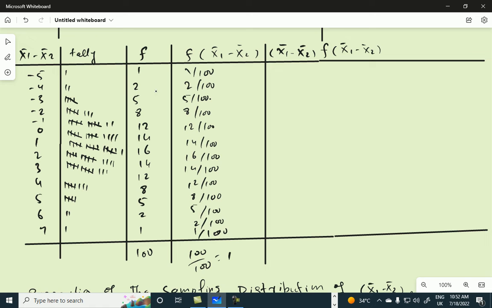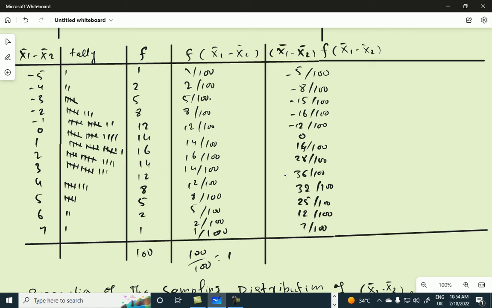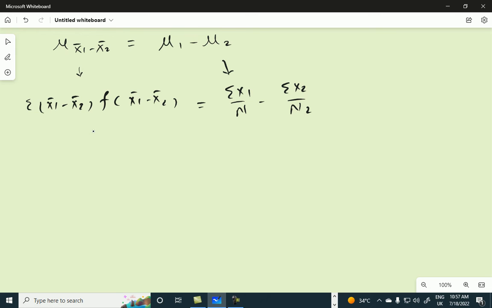For example, if we multiply minus 5 with 1, this is equal to minus 5 divided by 100. Similarly, minus 4 with 2, this is minus 8 divided by 100. Similarly, we can complete this column. So completed. If you add it up, this is equal to 1. So the left hand side is equal to 1.